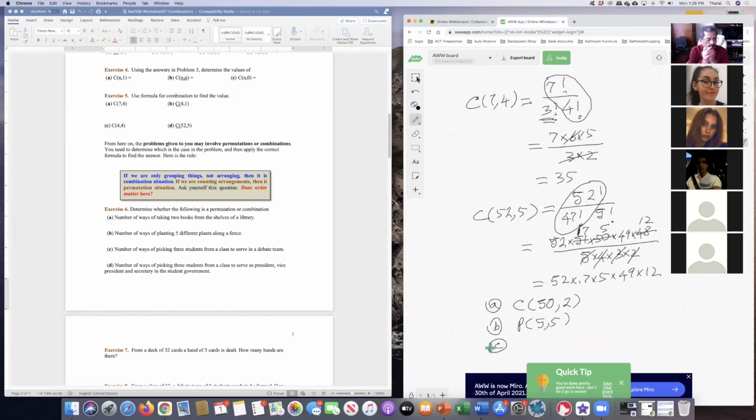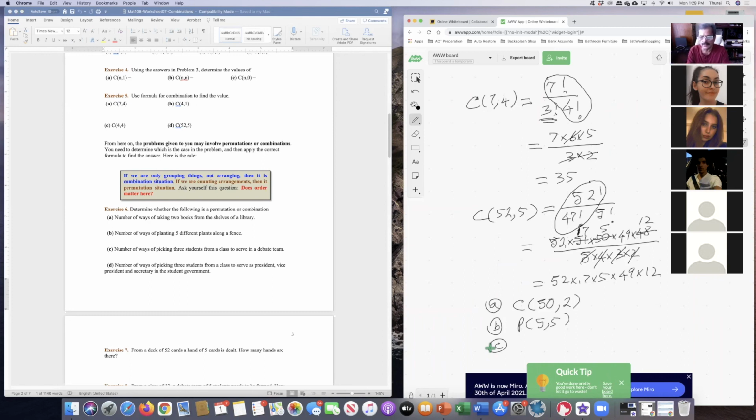C is going to be number of ways of picking 3 students from the class to serve in a debate team. You're making a debate team of 3 students. And the class size is, let's say, 20. From a class of 20, you're choosing 3 students to make a debate team. So would that be a combination? That's a combination. Why? Because the debate team means 3 students together.